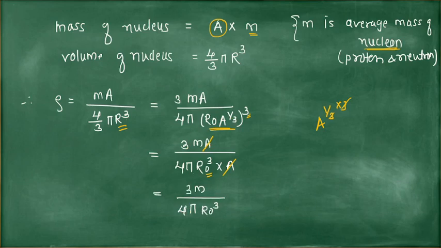Now see here, each term 3, 4, pi is constant, R0 is constant, and the average mass of a nucleon is also constant.